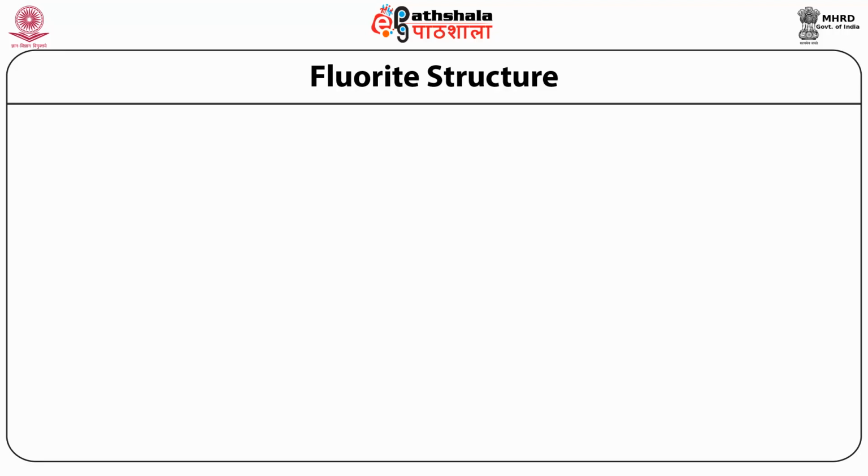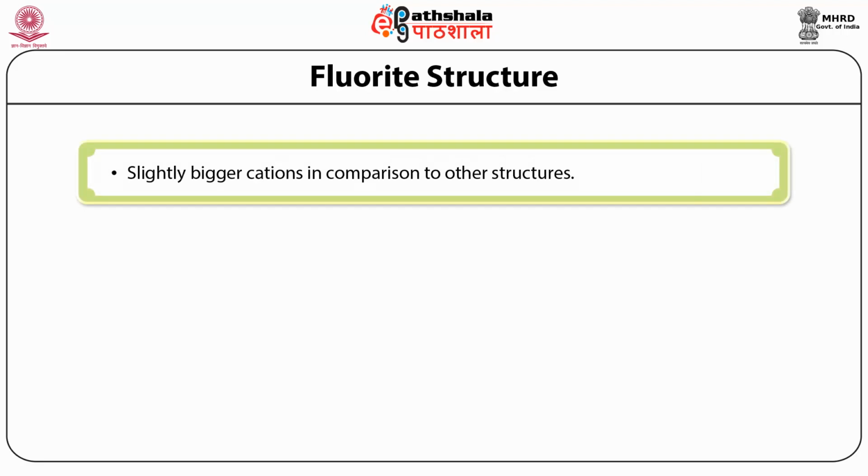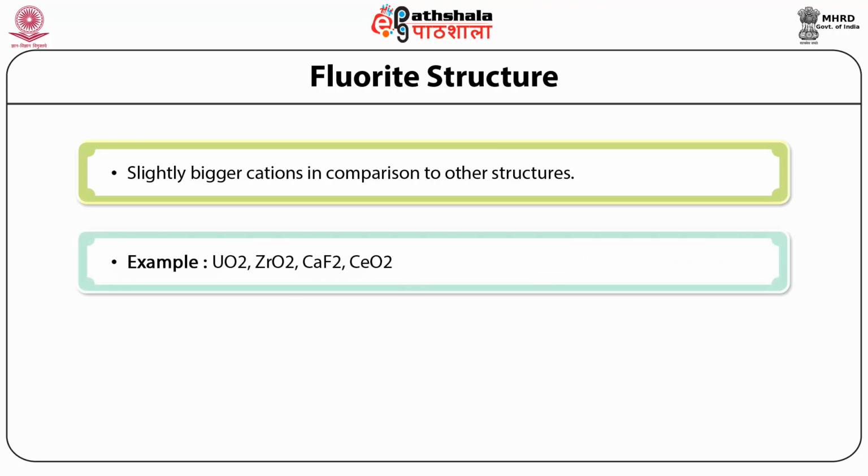So the fluorite structure is slightly bigger and has a bigger cation in comparison to other structures. The examples of fluorite structures are UO2, ZrO2, CaF2 and CeO2.